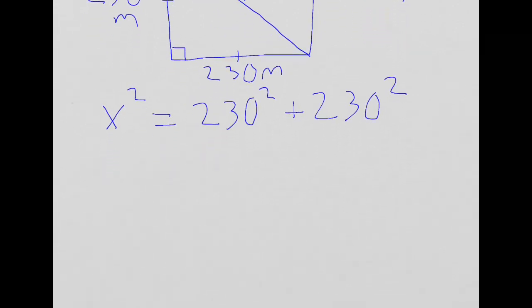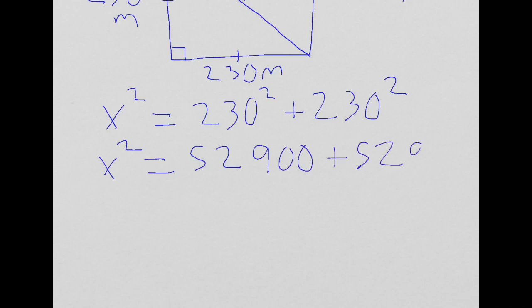Working down the page, x squared equals 230 times 230, which is 52,900. And we have to do that twice, plus 52,900. When I add those up, I get 105,800.